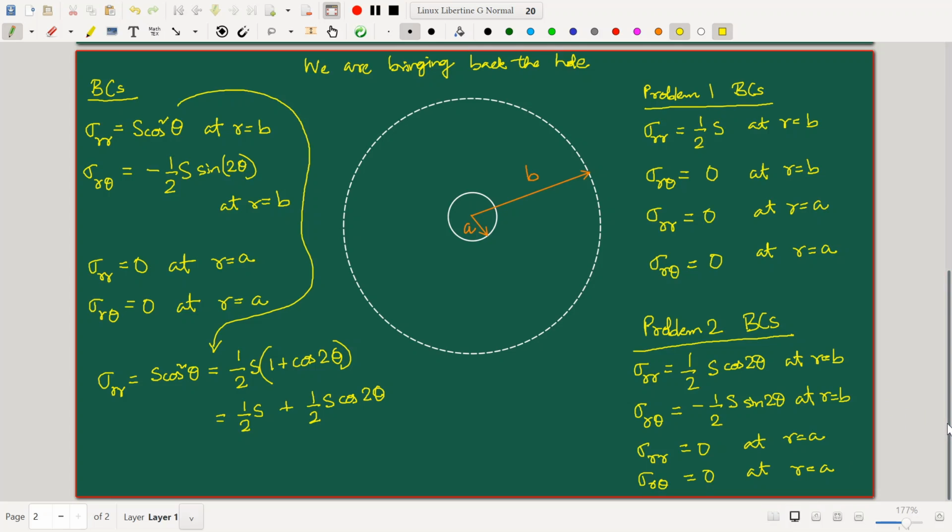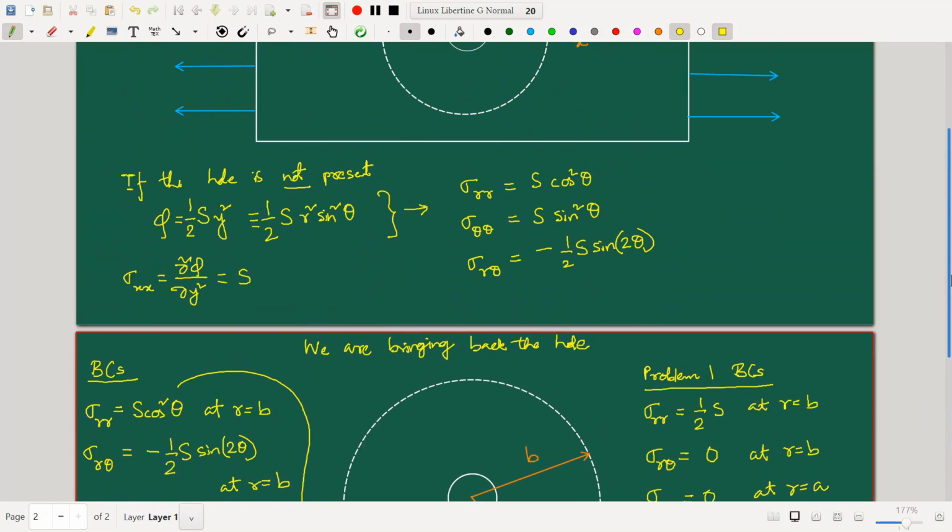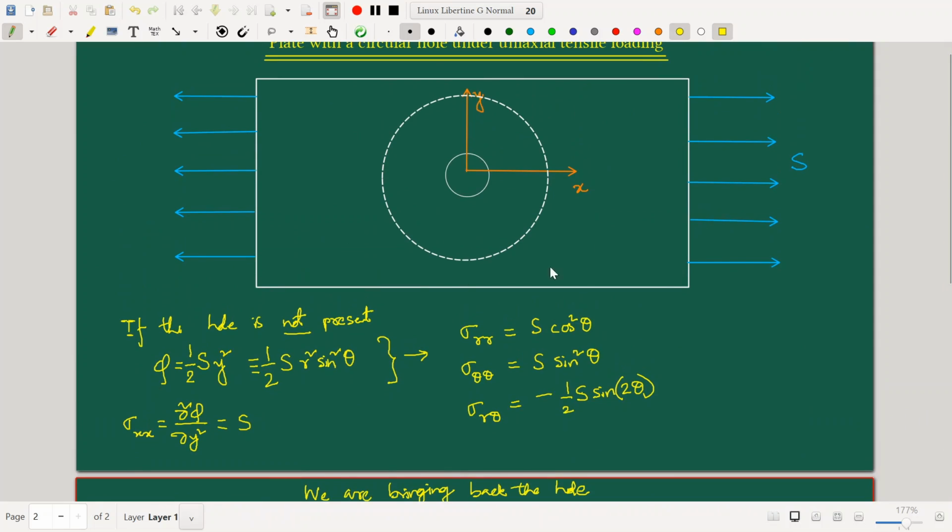Okay, so this is a quick summary of what we have done. We started from this plate with a circular hole problem. First of all, we imagined that the hole is not present. We arrived at some notion of the stress field which is present far away from this hole. Far away from this hole means as if the hole is not present, and that can be thought of as the stress components present all around this kind of circular boundary.